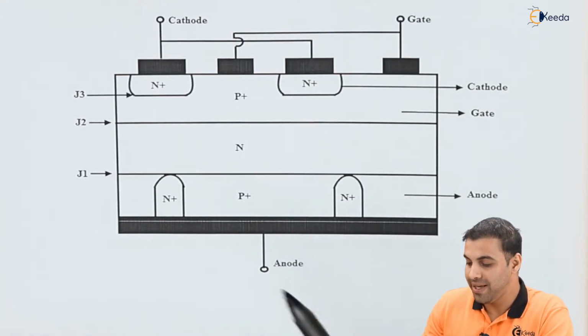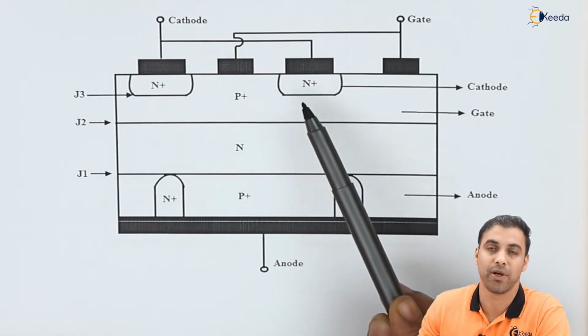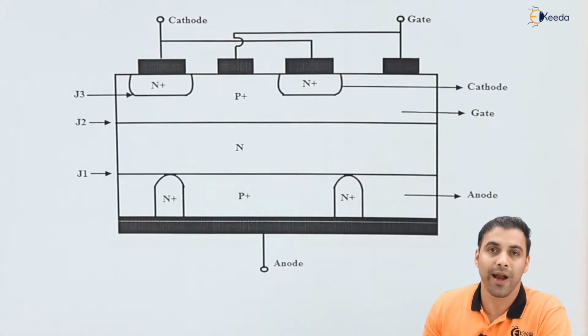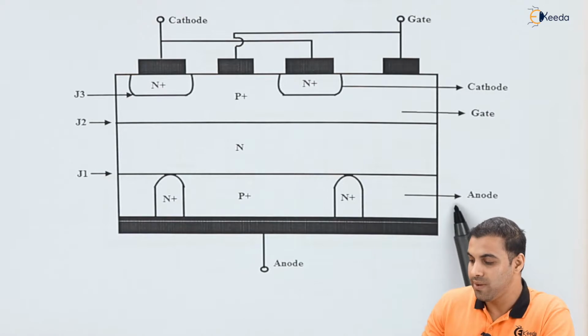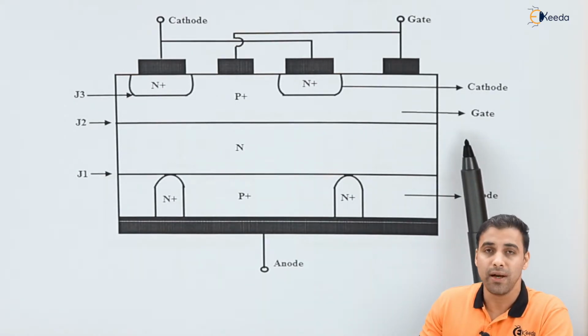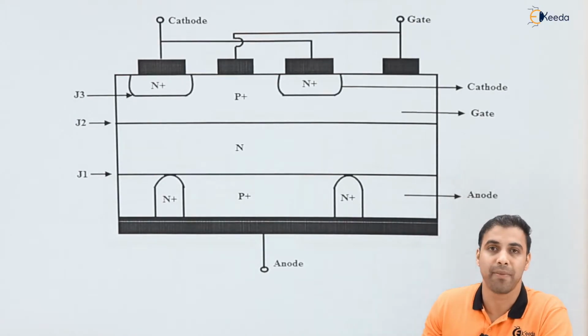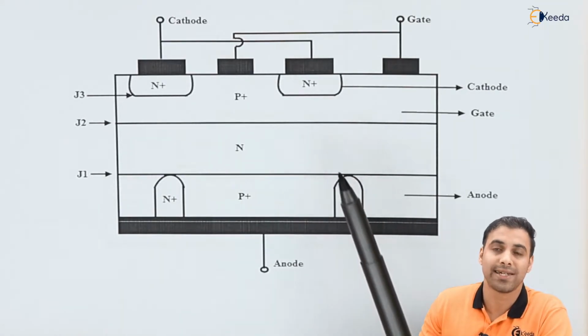So we have P channel, N channel, P channel, and again an N channel, because you know a thyristor is a 4-layered and 3-junction semiconductor device. Now friends, let's say this is the anode, this is the cathode, and this is the gate terminal. Now let's see what happens when we apply a negative gate triggering pulse across the gate terminal, and the N channel gets overdoped.